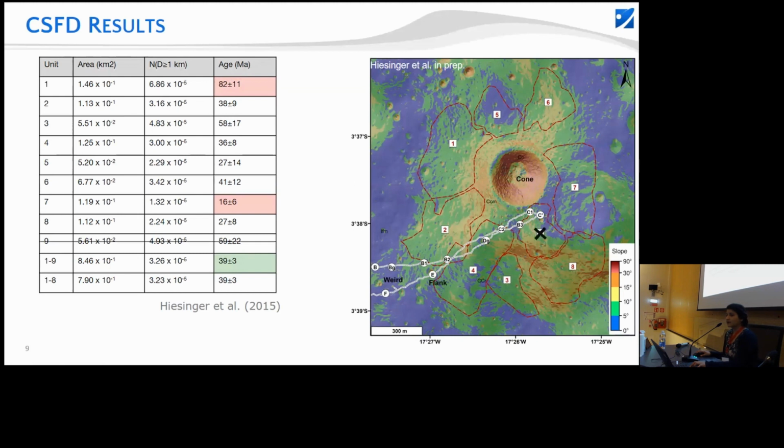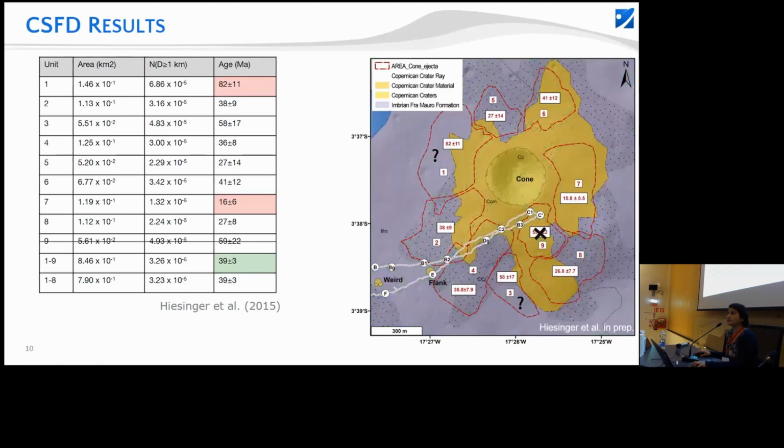Similarly, we also look into the geological map, the extension of the ejecta material of Cone Crater. And here we see that not all the areas that Harry mapped are lying on ejecta. So these are also areas that we are not taking in.